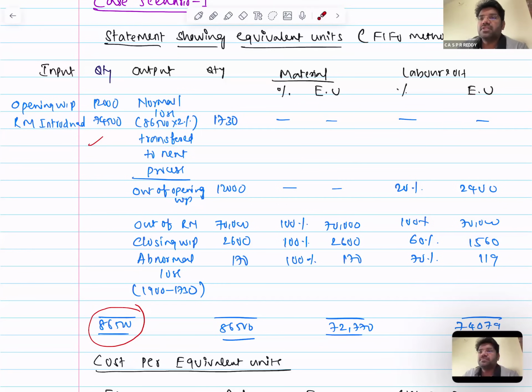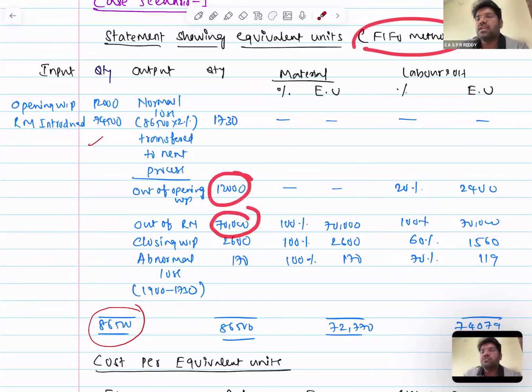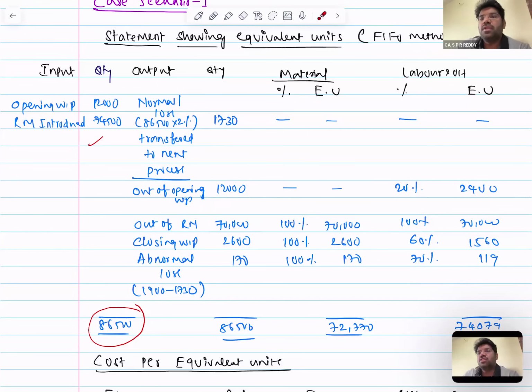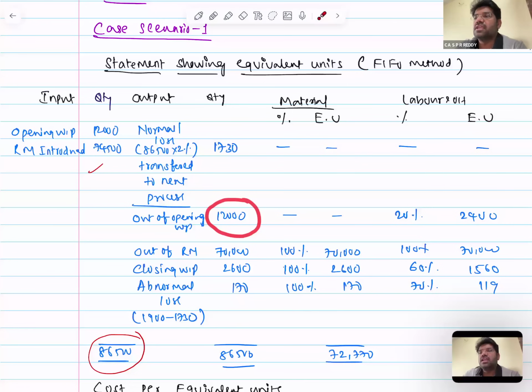Since we are using the FIFO method, out of that, opening is 12,000 and the balance 70,000 is out of fresh raw material. We all know that out of opening WIP, we shall only consider the work completed during the period. Material was already 100% finished during the previous period. Labor and overheads, how much work was done in the previous period?